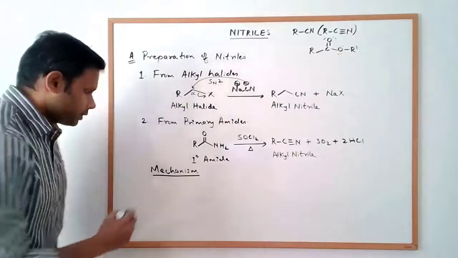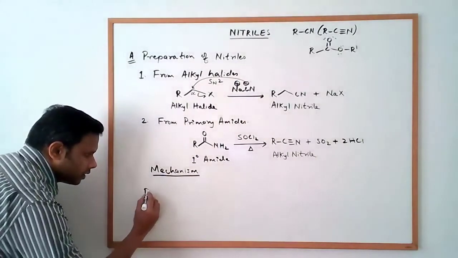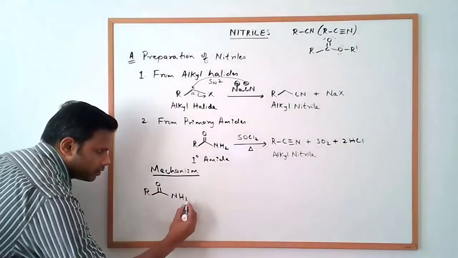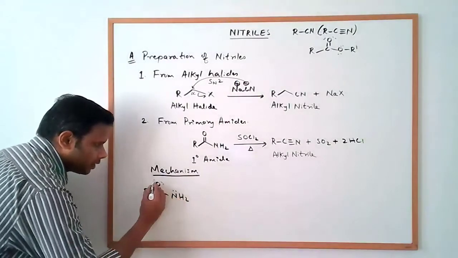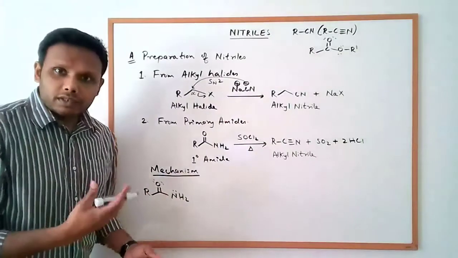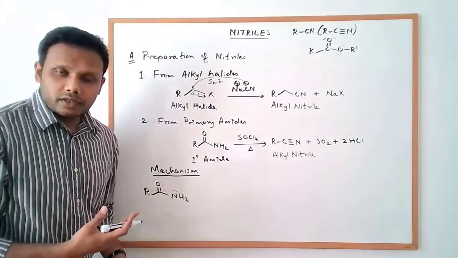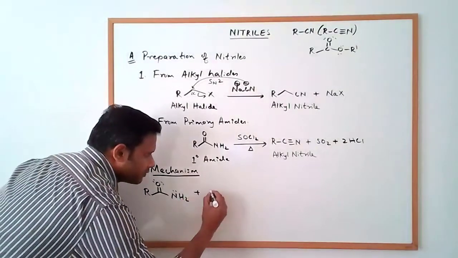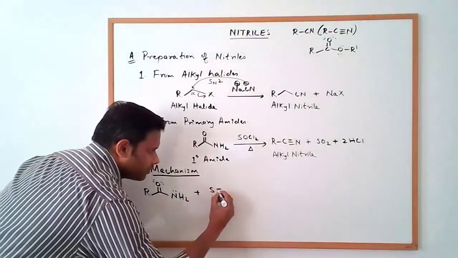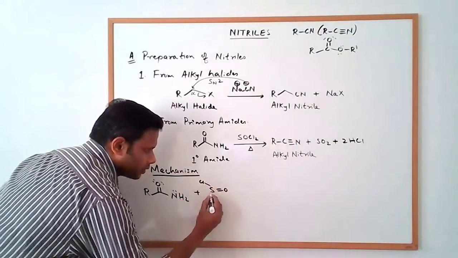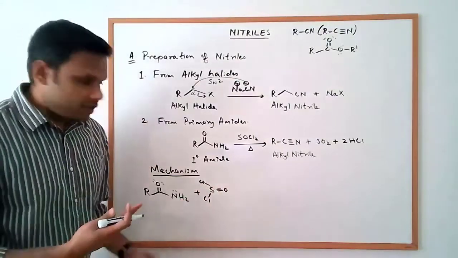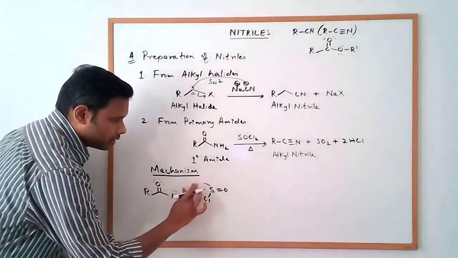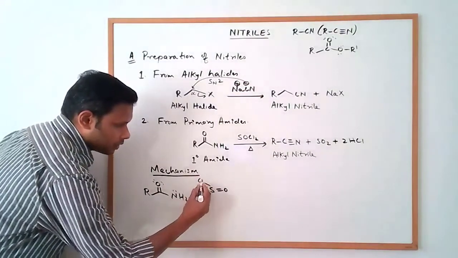The mechanism of this reaction involves an initial attack by the primary amide on thionyl chloride. This attack is reminiscent of other nucleophilic attacks by carboxylic acid derivatives, specifically the reaction of a carboxylic acid with thionyl chloride to make the acid chloride.